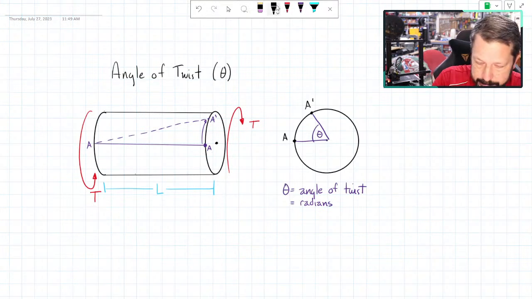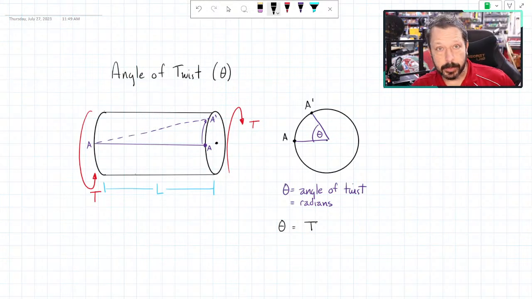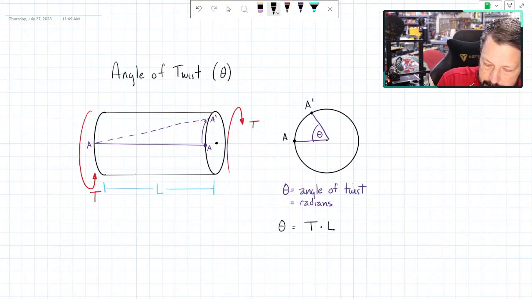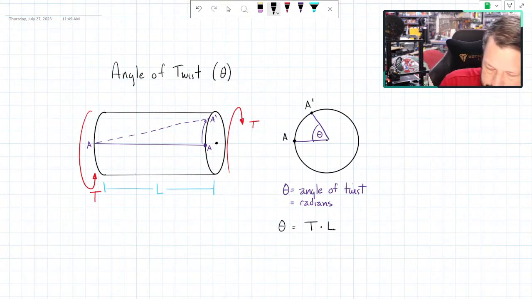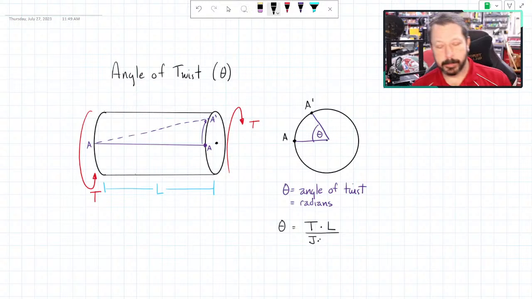So the actual equation is theta equals T, the internal torque for whatever section we're talking about, times L, the length of that section. Here I've got L as the whole shaft because we've only got one torque applied to it. It looks like two torques, but there's one torque and the reaction to that torque. So TL over J, which is the polar moment of inertia.